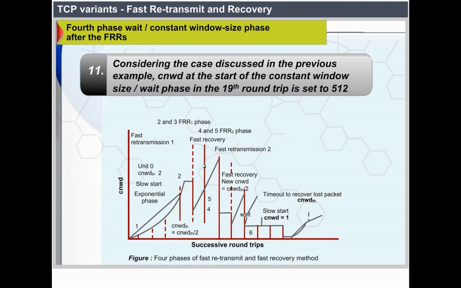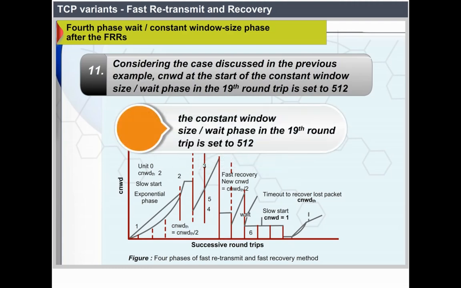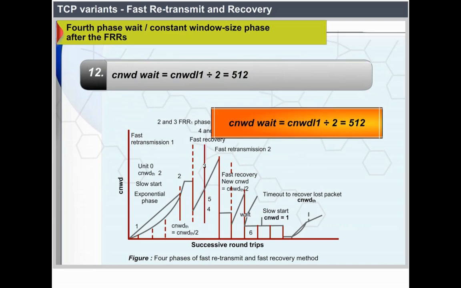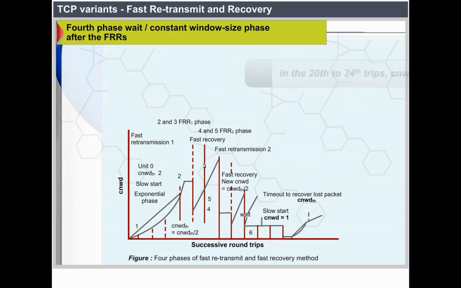Considering the case discussed in the previous example, CNWD at the start of the constant window size / wait phase in the 19th round trip is set to 512. CNWD wait is equal to CNWD1 divided by 2, that is equal to 512.